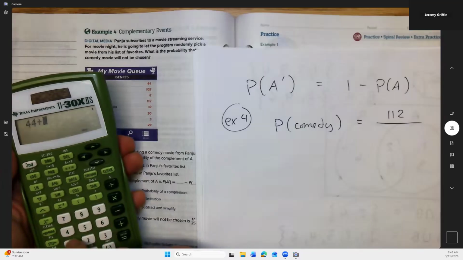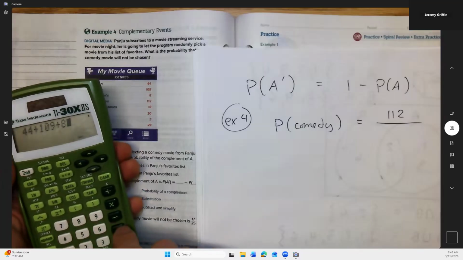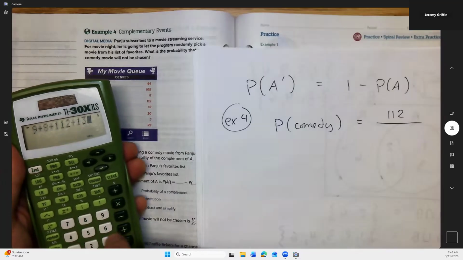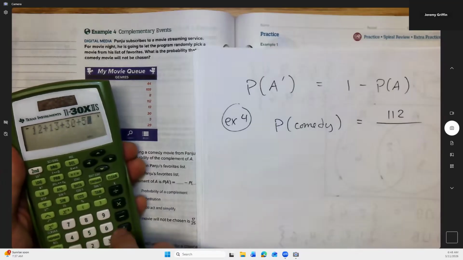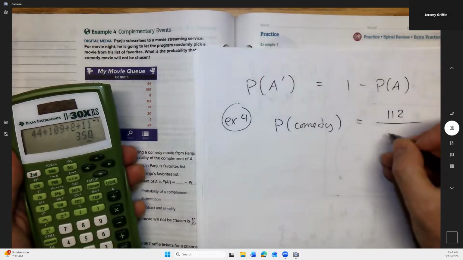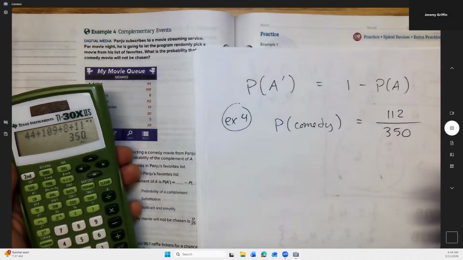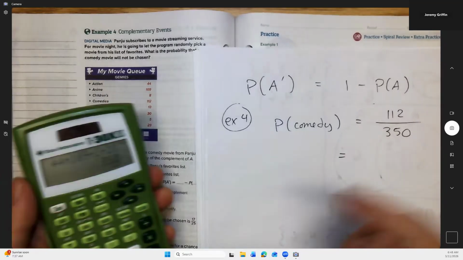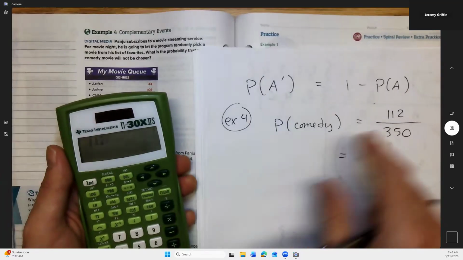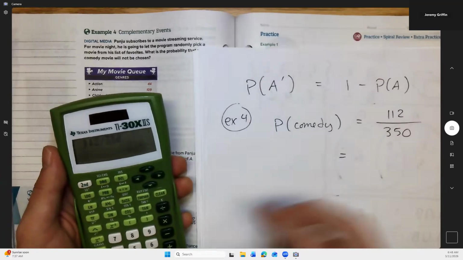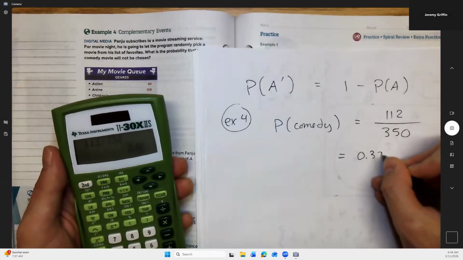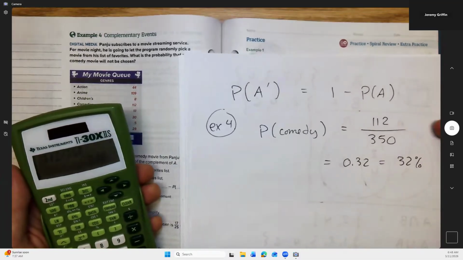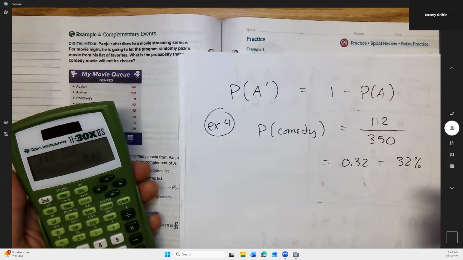It's 44 plus 109 plus 8 plus 112 plus 13, 35, and 29. It comes out to 350 movies total in the system. 112 are comedies, so the probability that it does pick a comedy is this ratio, which turns into this as a decimal or this as a percentage. So this ratio, this decimal, this percentage are all the same.